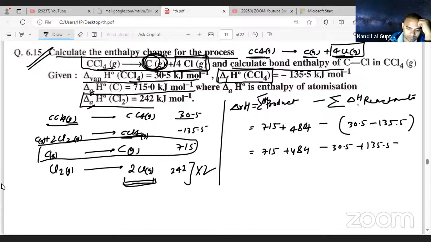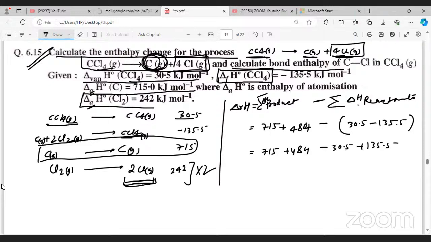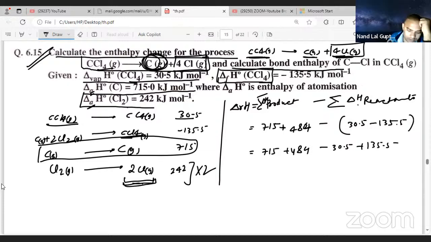You check how much is coming. So 715 plus 484 plus 135.5 minus 30.5.